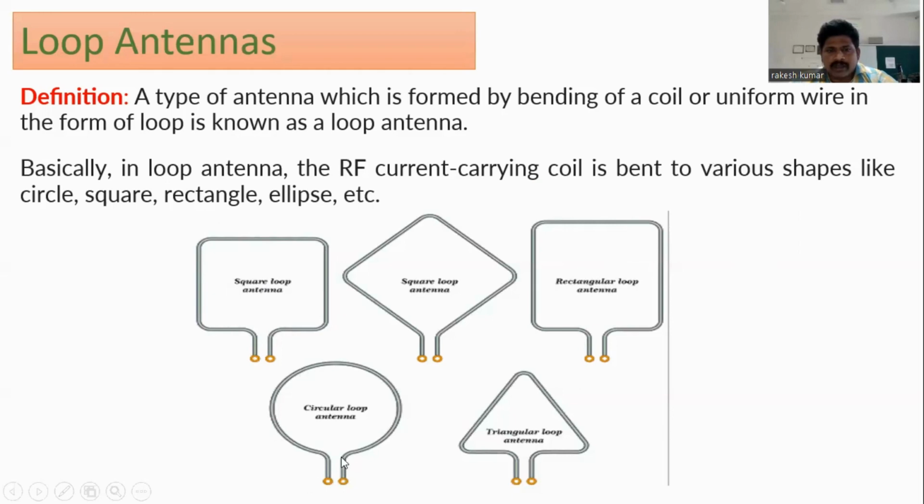If I bend it in a circular shape, it is called a circular loop antenna. If I bend it in a triangular shape, we call it a triangular loop antenna. These carry the RF current. These are the various types of loop antennas.